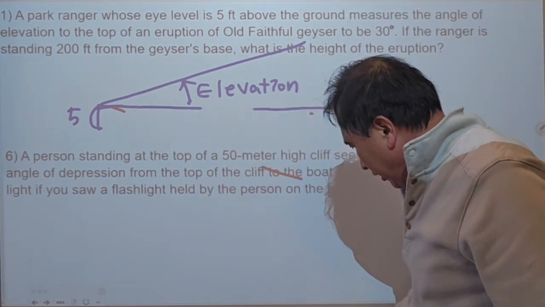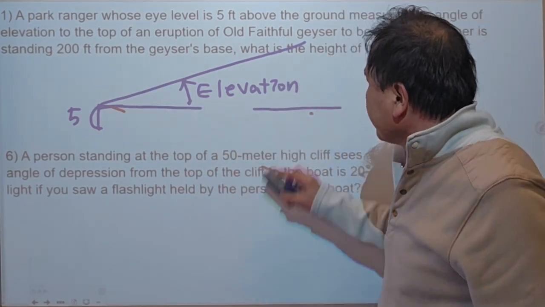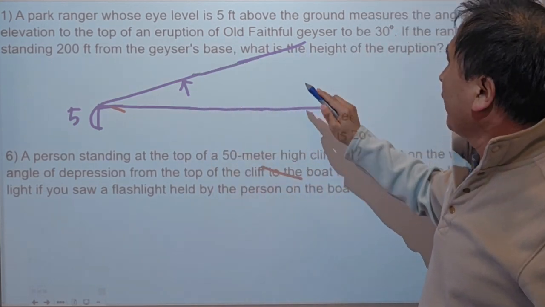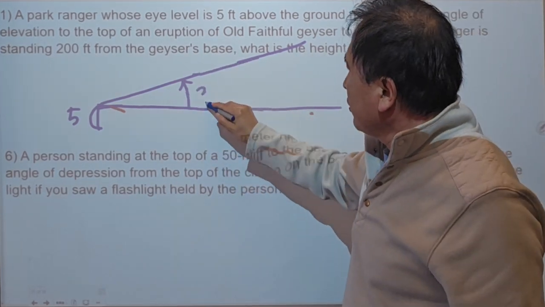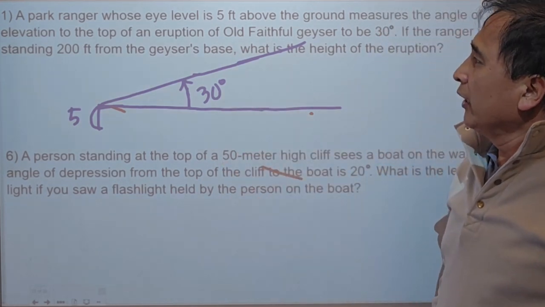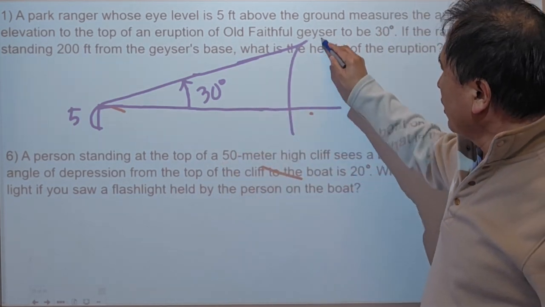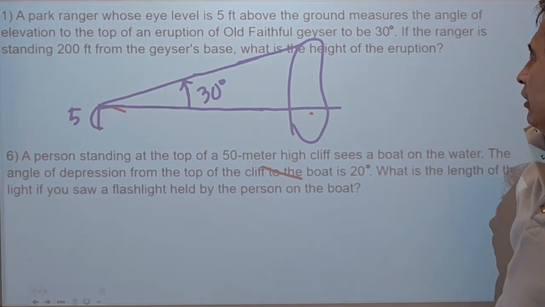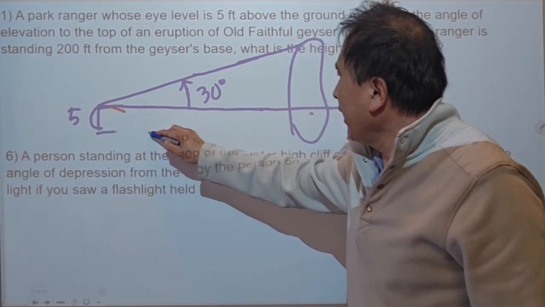So we're going to go up there. The angle of elevation is 30 degrees, so this is 30 degrees, and then there's a geyser. You cannot stand on the geyser and measure its height, but we can do it this way.